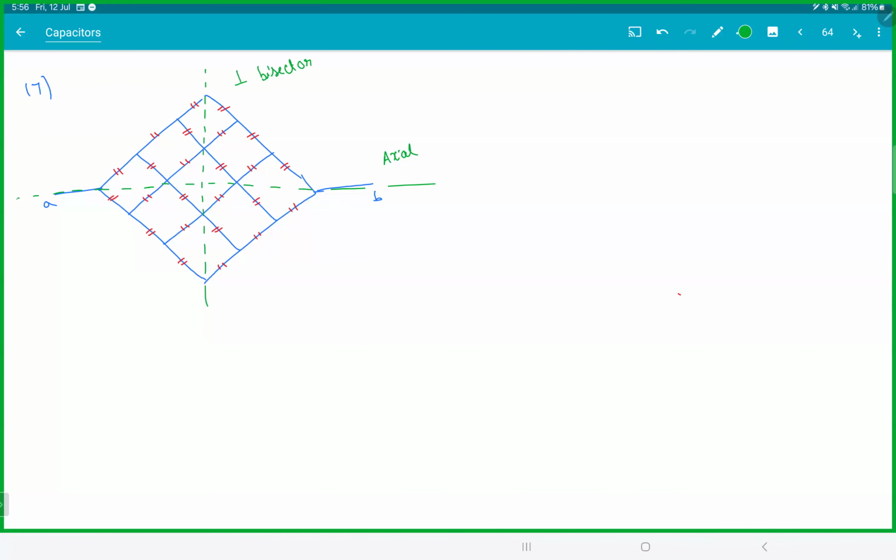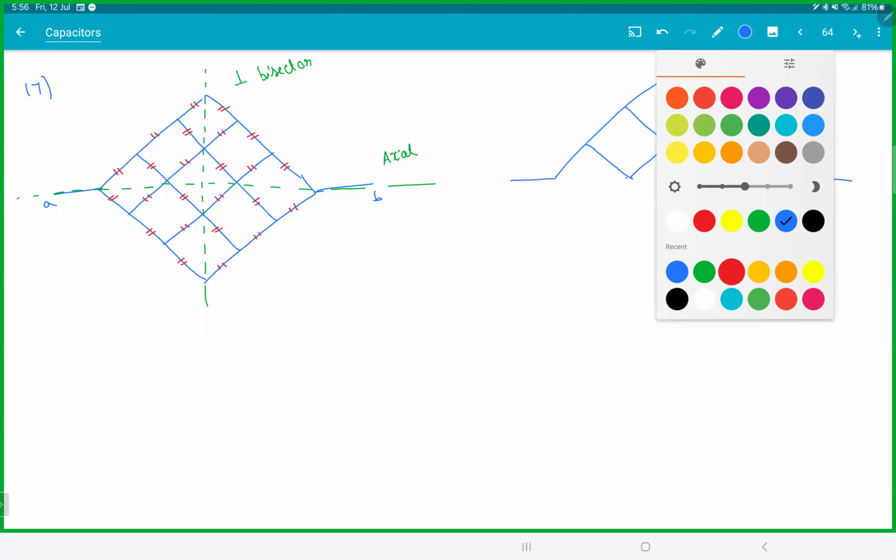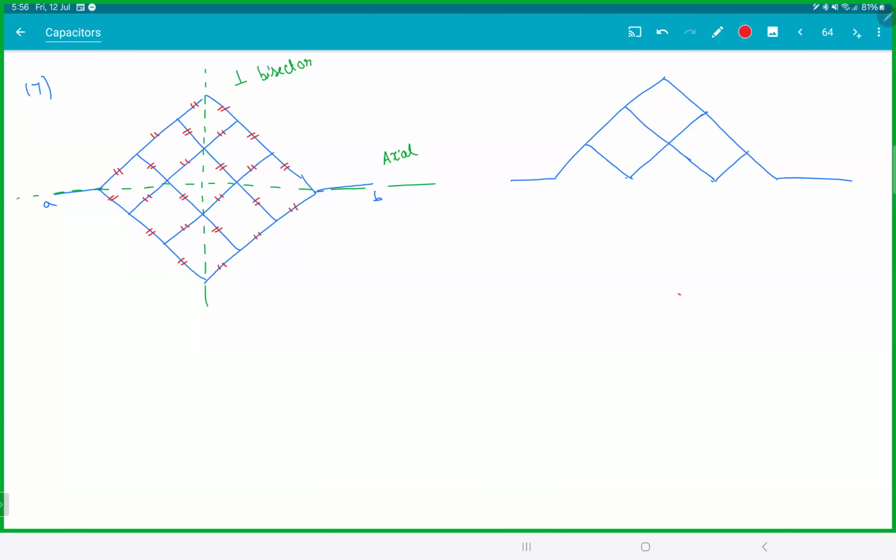So first, if I use axial symmetry, this is how the circuit would look. Everything will become double. Then you fold them, so everything becomes 2C.